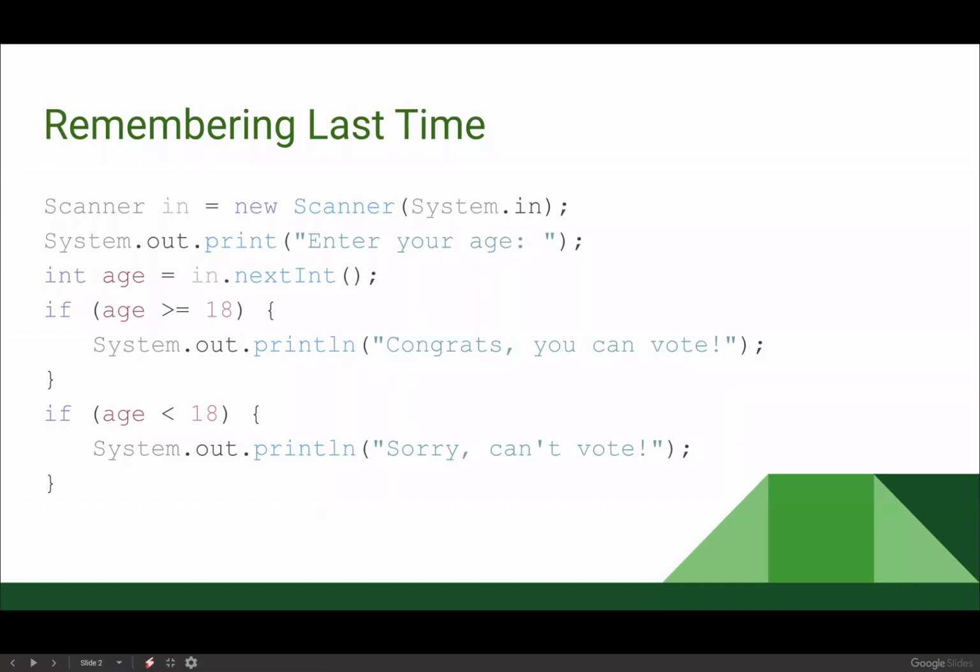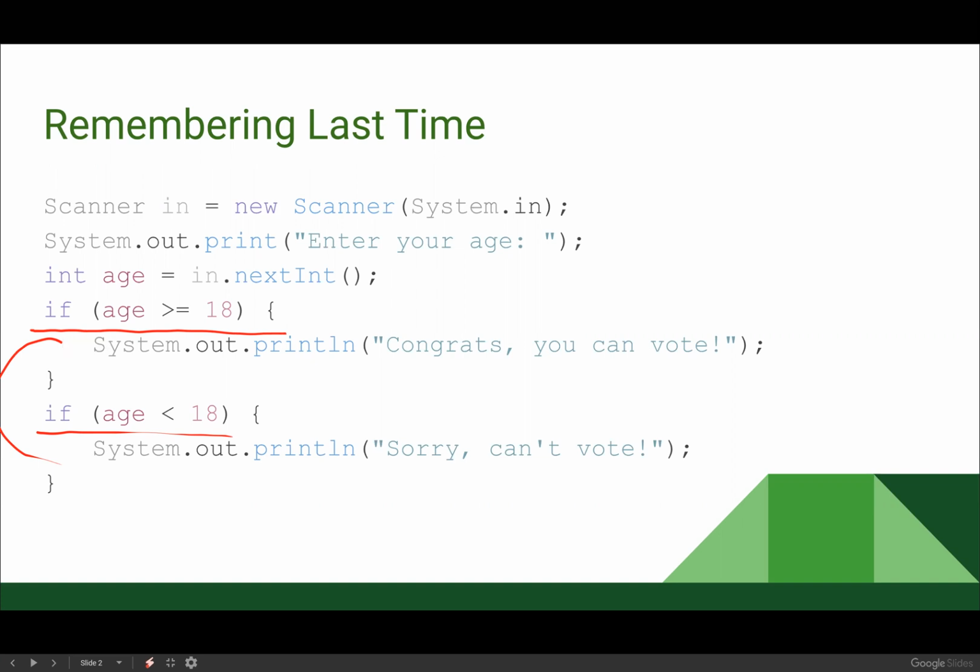So if we remember back to our program from last time, we had two if statements. We had our if age is greater than or equal to 18, and then we also had if age is less than 18. And we discussed how it's not really possible for neither of these to happen because their conditions are exact opposites of each other.